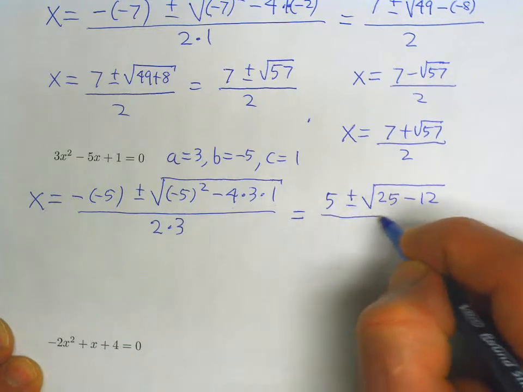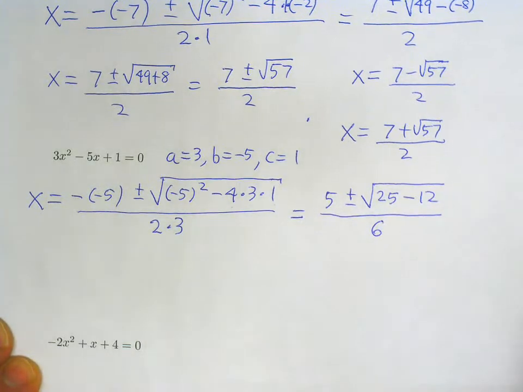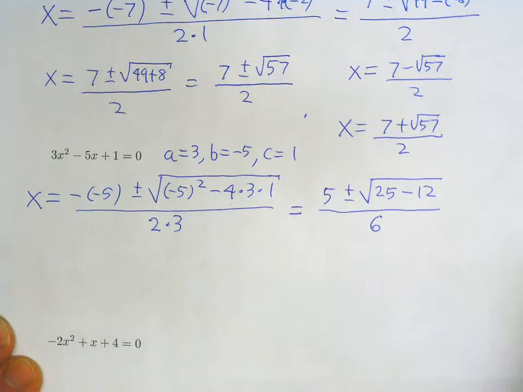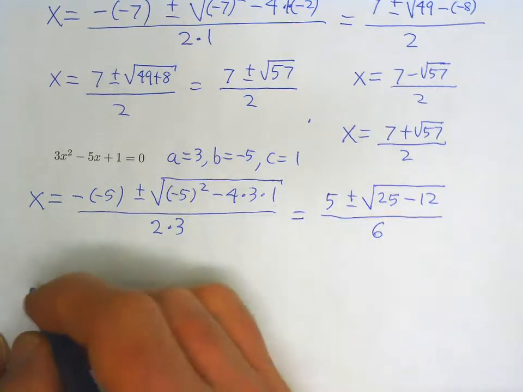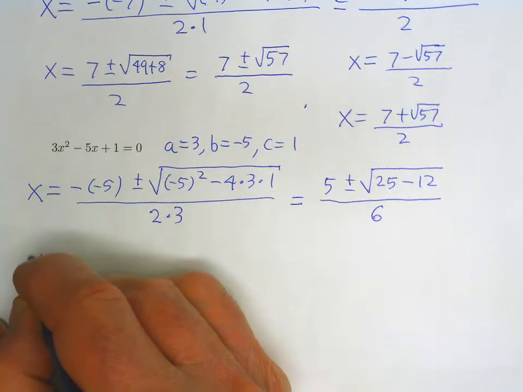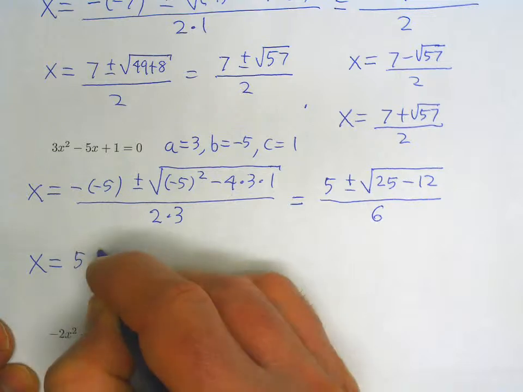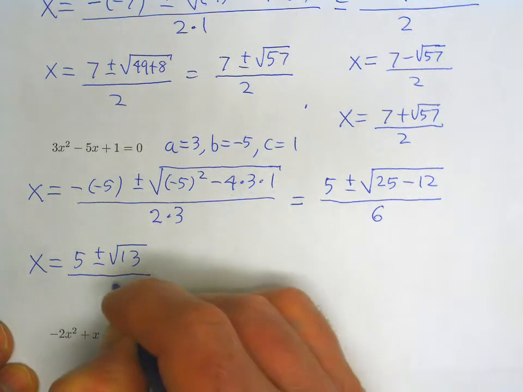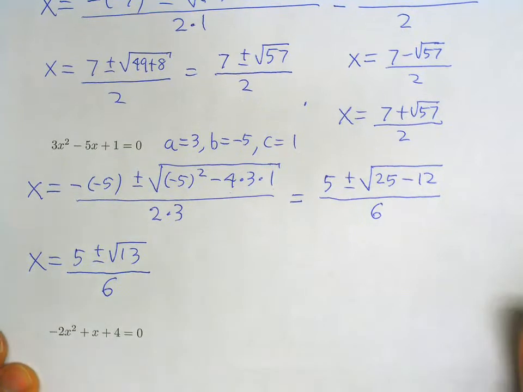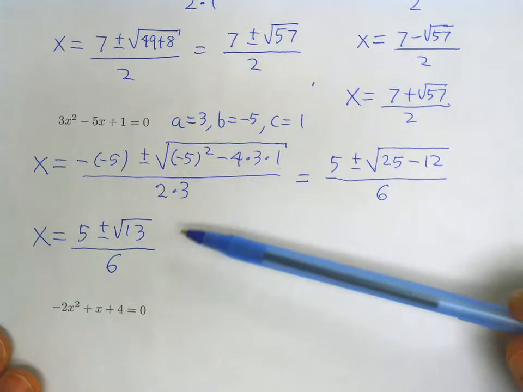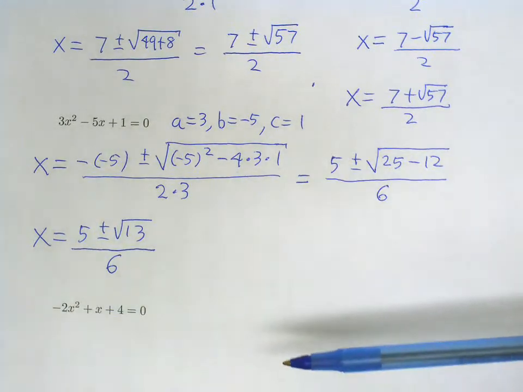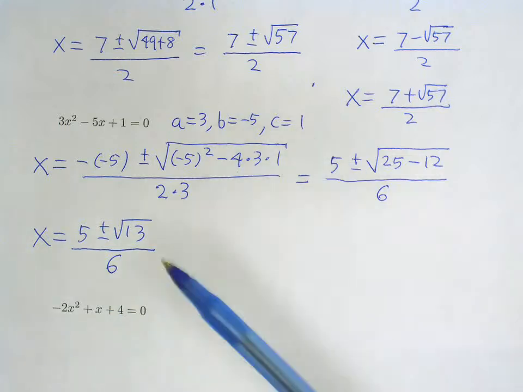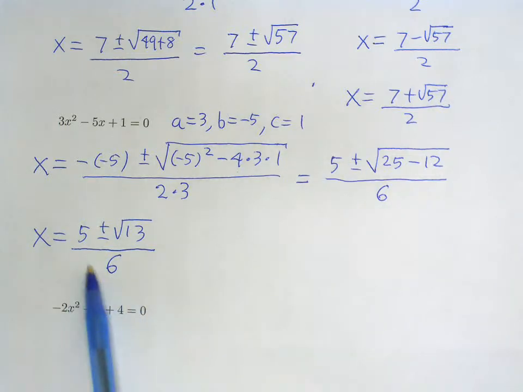And we're dividing by 6. Okay, inside the square root, we just get a positive number. So x equals 5 plus and minus the square root of 13, all divided by 6. The square root of 13 cannot be simplified any further. So these are the two solutions.